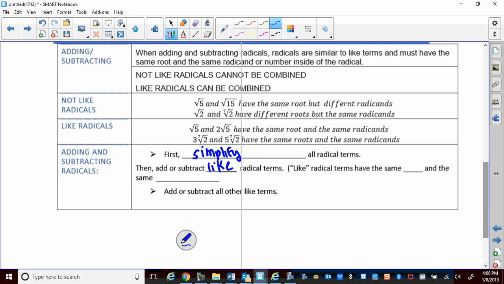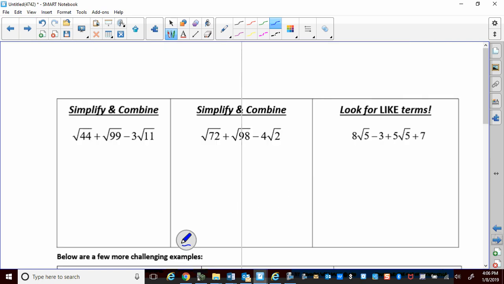And like radical terms have the same roots and the same radicand. And the last thing we do is add or subtract all other like terms. So the thing we're going to have to recall is how to use our graphing calculators to simplify the radicals. So we have to simplify, add or subtract the like terms, and then add or subtract all other terms, right?